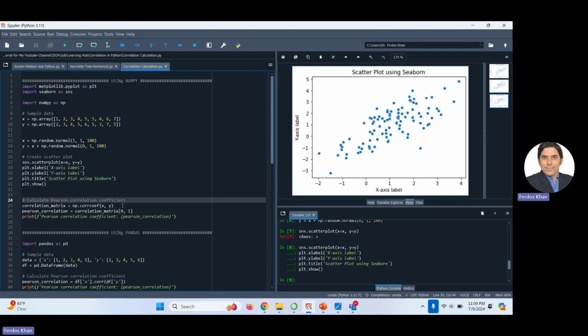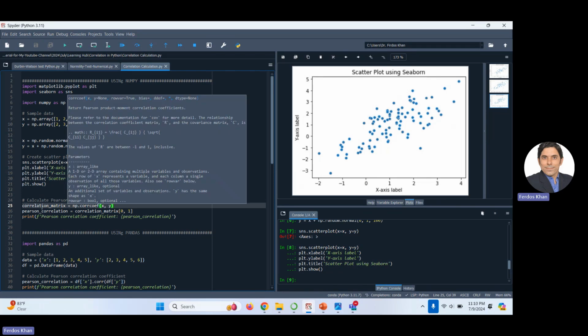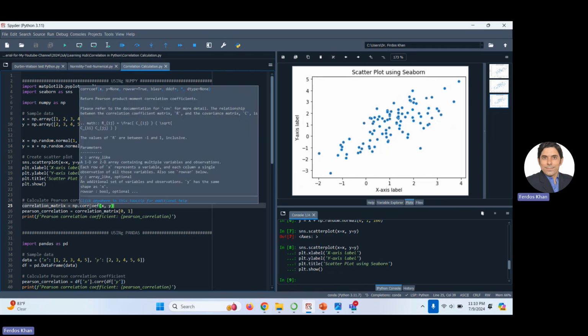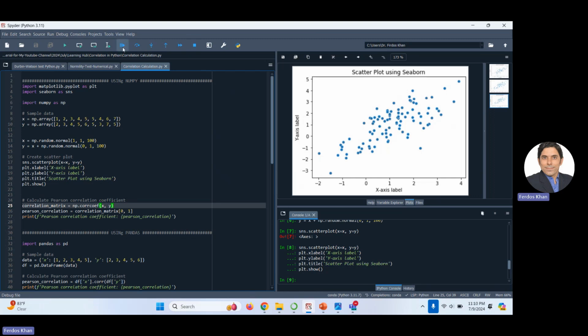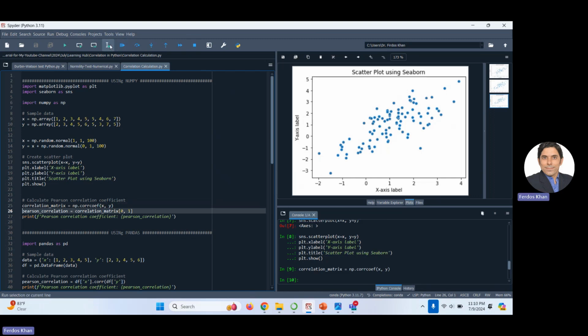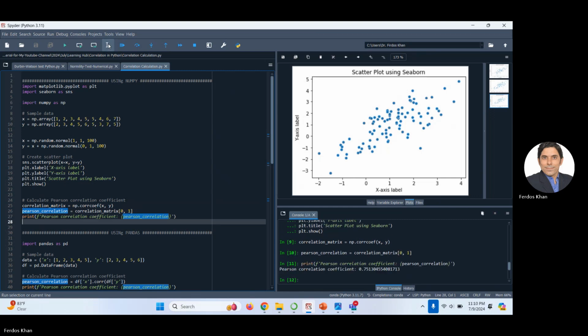Now calculate the correlation coefficient, and remember we are using the numpy package for this. The correlation matrix is named with np.corrcoef, the Pearson correlation matrix. You can plot this correlation matrix as well, but I think it's not important for us. You can see that the correlation coefficient looks like 0.75.